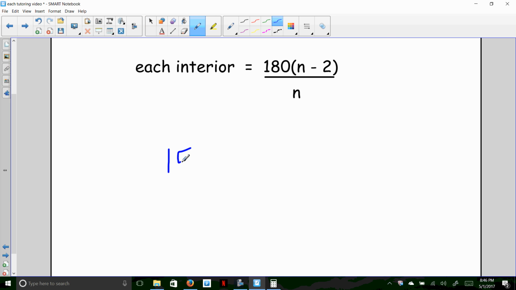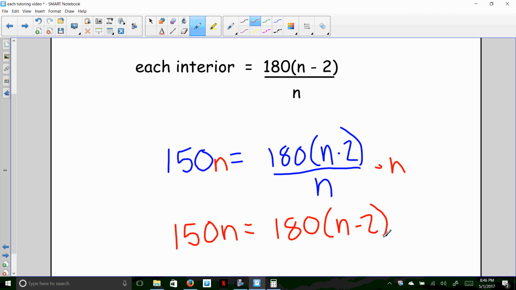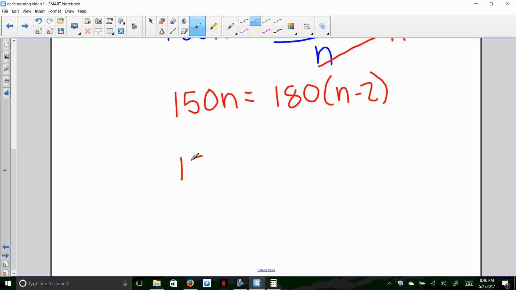Each is 150, and this side will have n's. First thing I do is multiply by n to move it to the right here. So it's 150n. That's getting rid of the n. Now I'll distribute.